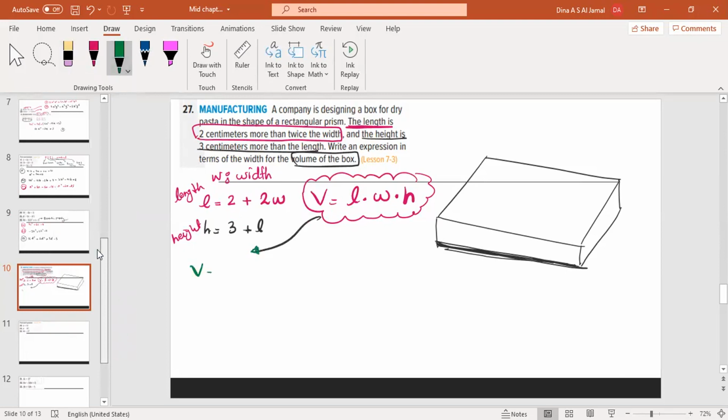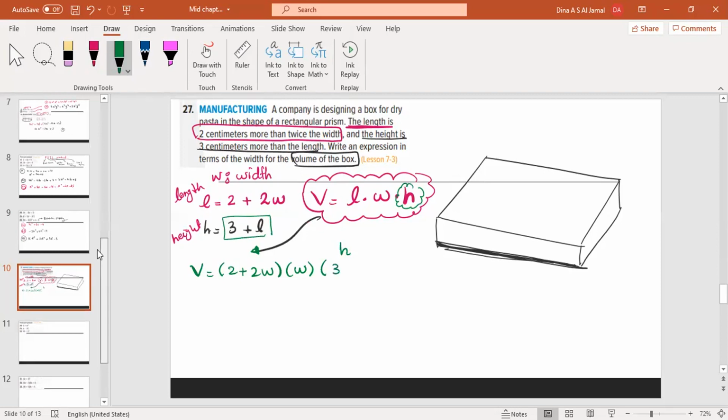Here is your volume, your length 2 plus 2w, and your w is as it is. Good. Now pay attention. Your height is given using the length, but I don't want it to be in terms of the length. So this is your height and it's given as 3 plus the length.